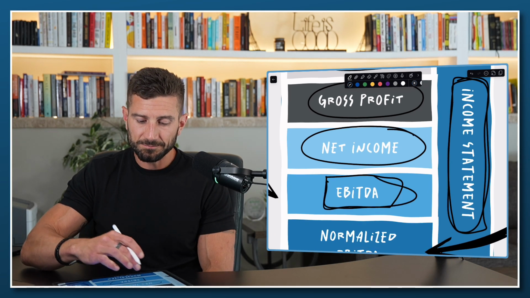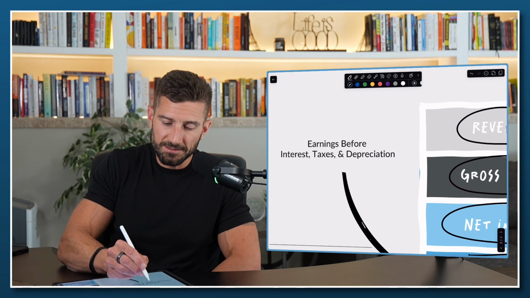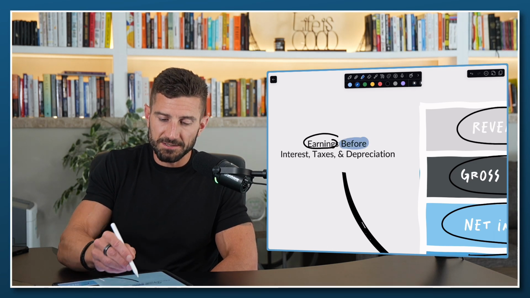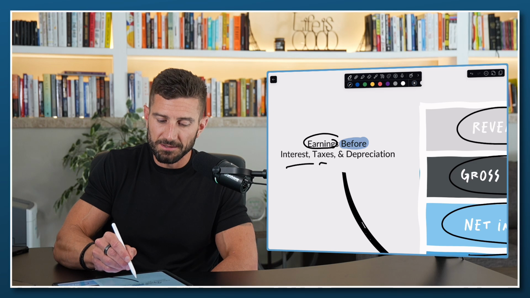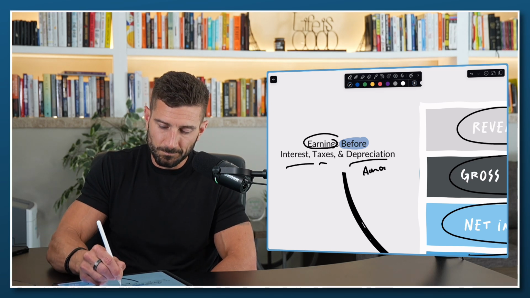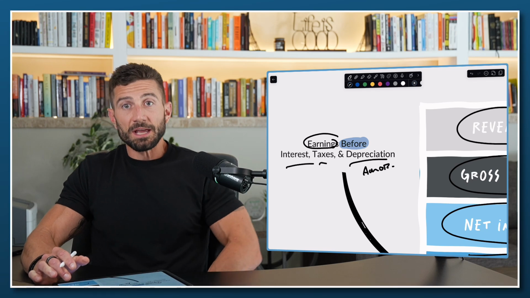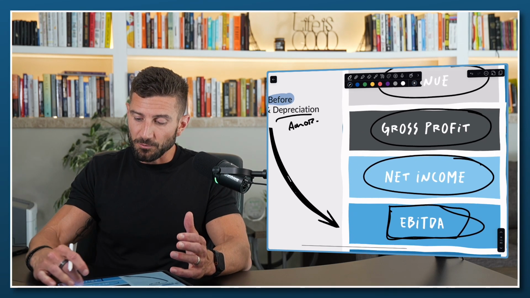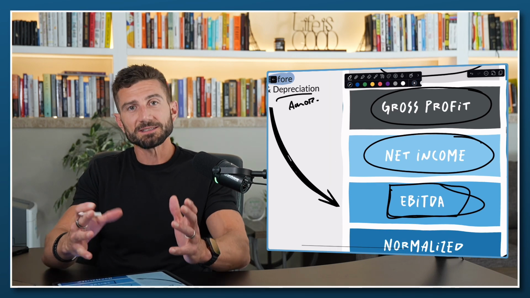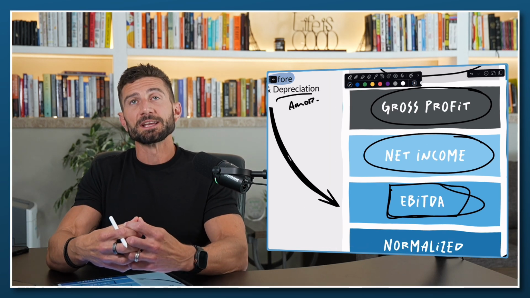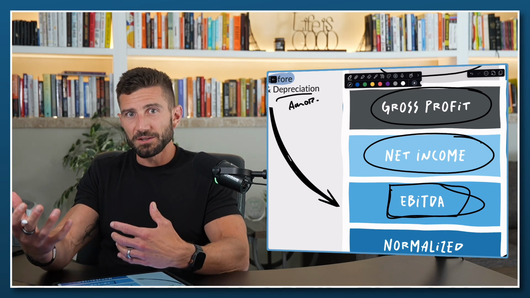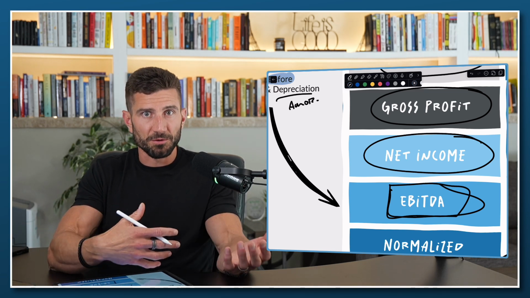And EBITDA is earnings before interest, taxes, depreciation, and amortization. Oh, I forgot amortization there. That's what EBITDA stands for. The way I like to think about EBITDA as a metric is, if you were to buy my house, do you care if I've got a 15-year variable interest rate mortgage or a 30-year fixed?